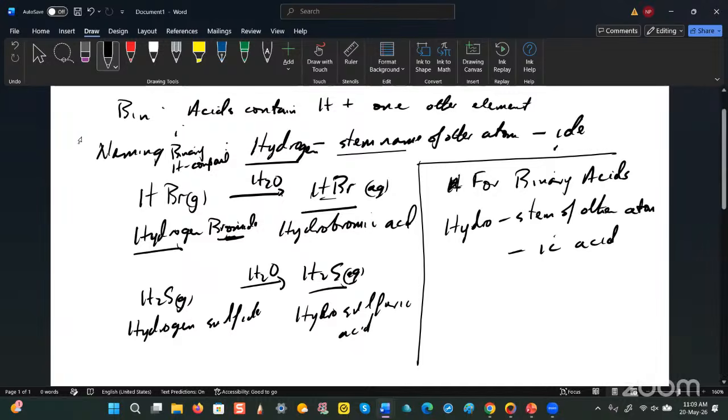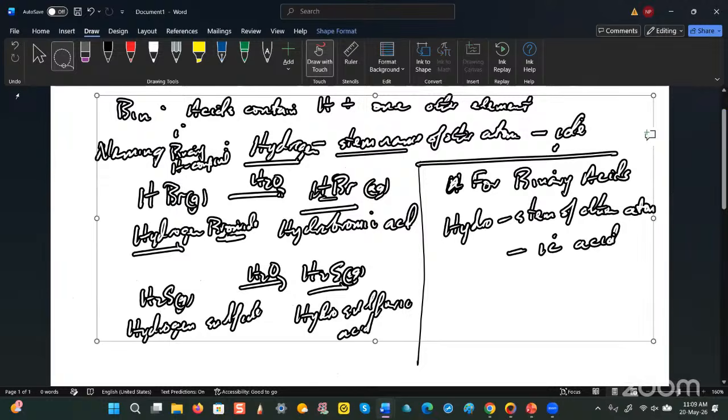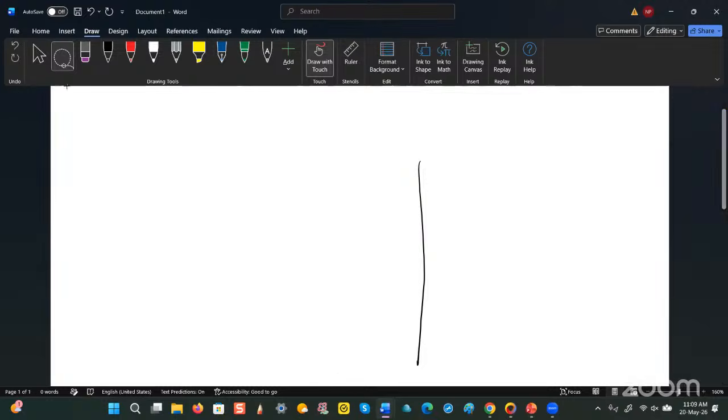Now, when it comes to oxyacids, let me clear all this here. So when it comes to oxyacids, as the name suggests, in fact, let me write this down here.